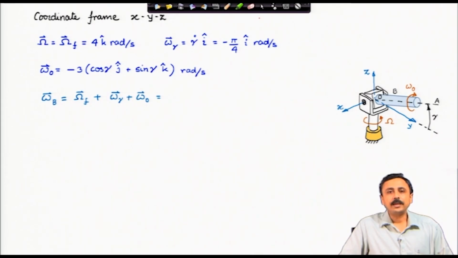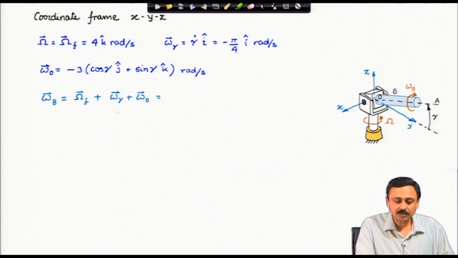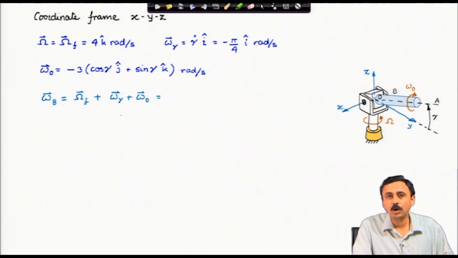Now, therefore, I can write the net angular velocity of the body B. Omega B is omega frame plus angular velocity with respect to the frame. Now, with respect to the frame, there are two contributions, omega gamma and omega naught. Omega naught is the spin and omega gamma is the change of the rotation of the axis.